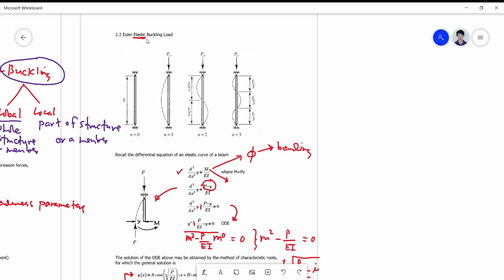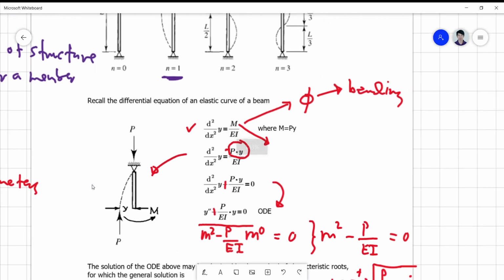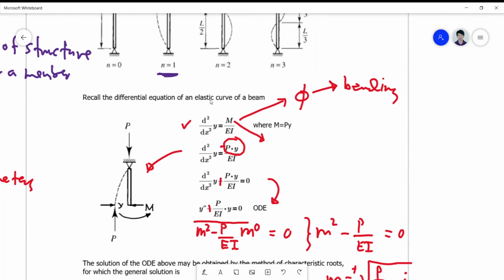So if we consider this elastic curvature as our basis for the differential equation, we can write down this particular differential equation of the elastic curve of such a beam.